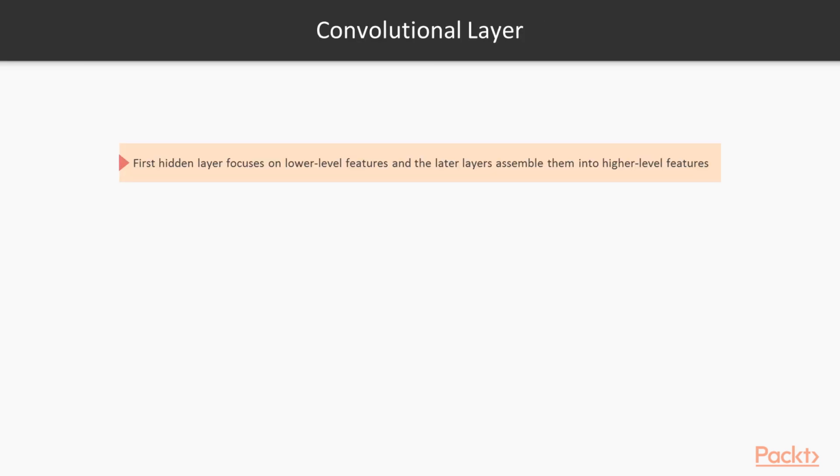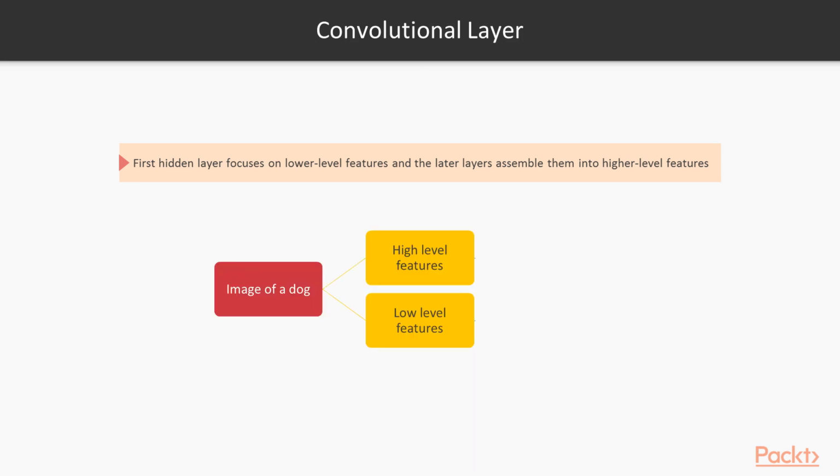Now, how does this work? At a very high level, this is how a convolutional neural network works. There will be multiple layers, as I have mentioned earlier. When it takes an image, it identifies the features in that image. It starts with the very low level features. This is what the initial layers will perform. When we say low level features, these are things like edges, curves, vertical lines, horizontal lines, slant lines, and so on.